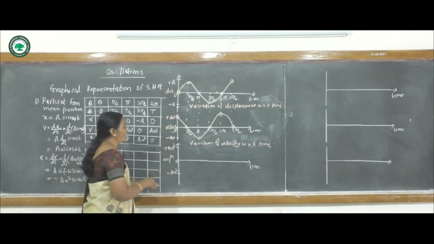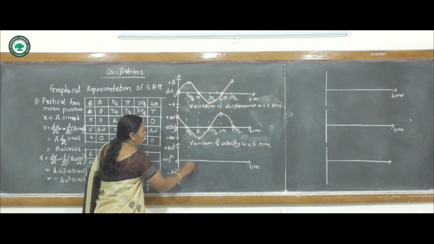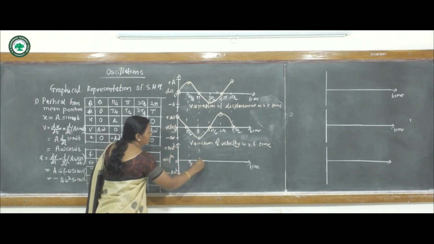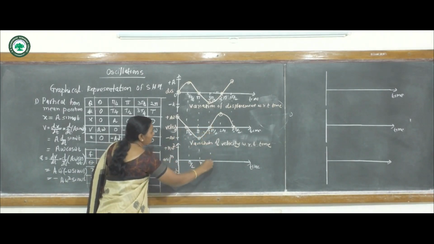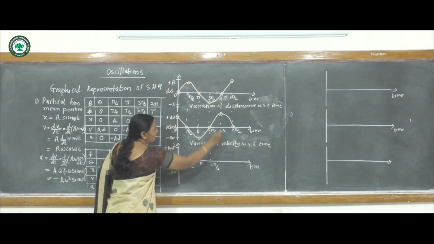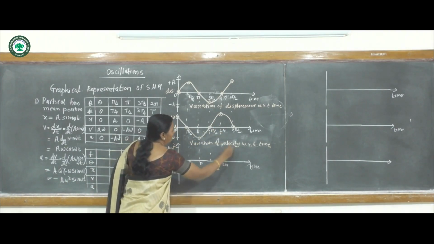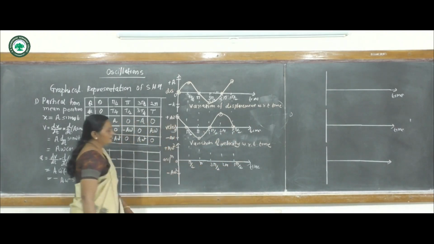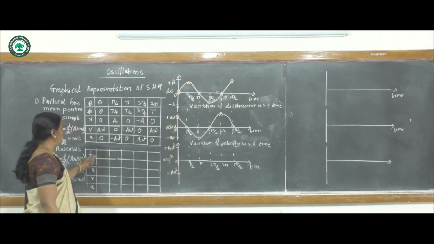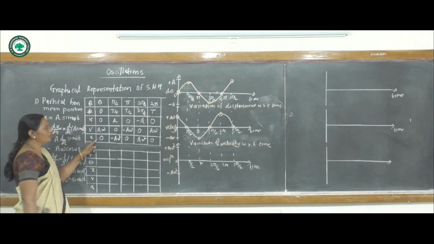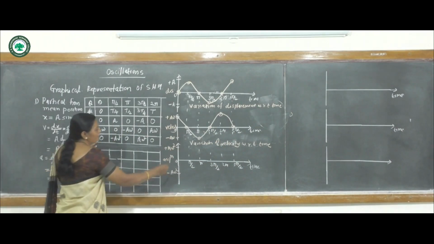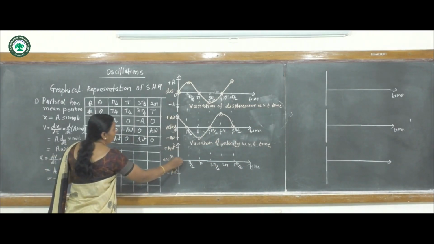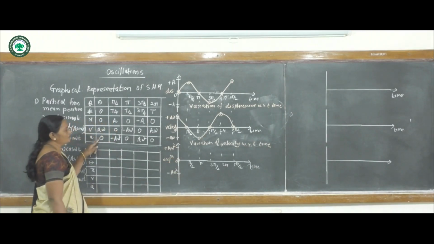The angles are pi by 2, pi, 3 pi by 2, 2 pi, and 5 pi by 2. Now see, the initial value of acceleration is 0. That is, at mean position acceleration is 0.